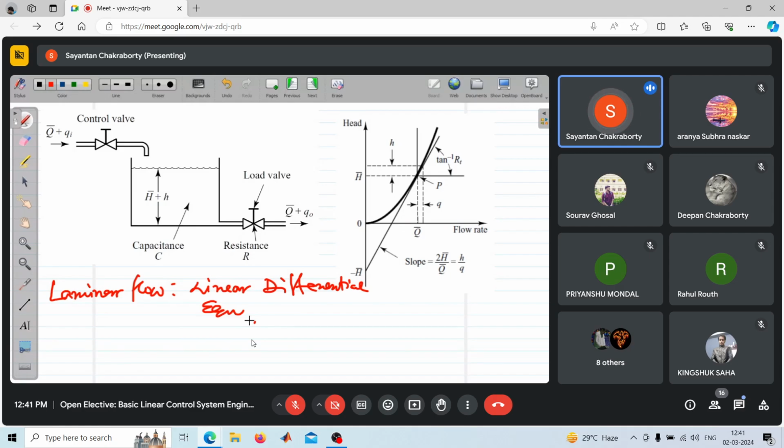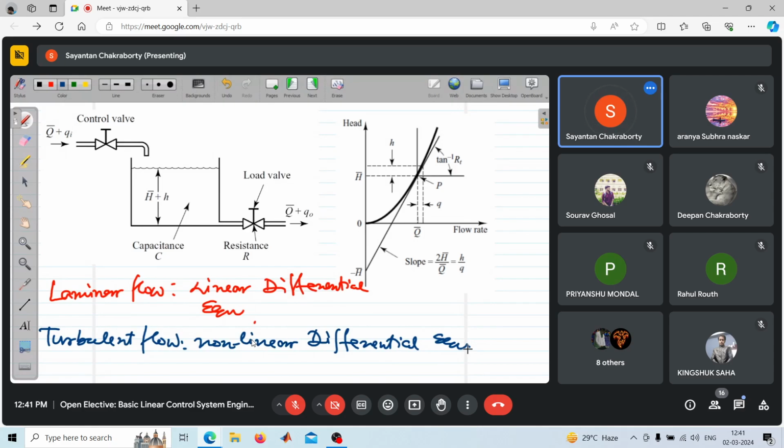Therefore, such systems involving turbulent flow need to be represented using nonlinear differential equations, unlike laminar flow.